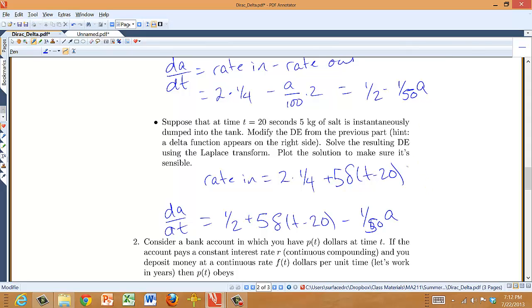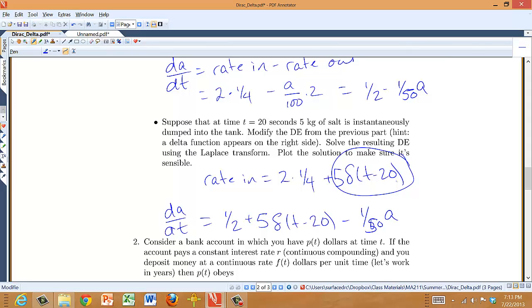Notice that this guy is a delta function. It's not a Heaviside function. And people always get confused about when do I use a delta, when do I use a Heaviside. So what's happening here? You're adding the salt instantaneously. So the inflow rate would show this big spike, but after time 20 the inflow rate would go back to normal. Okay?